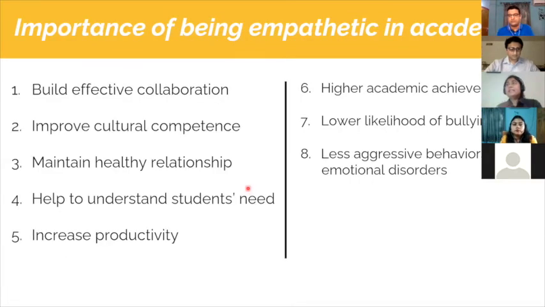So now, what is the importance of being empathic in academia? As I have said before, it builds effective collaboration, improves cultural competence, and there are so many other reasons.